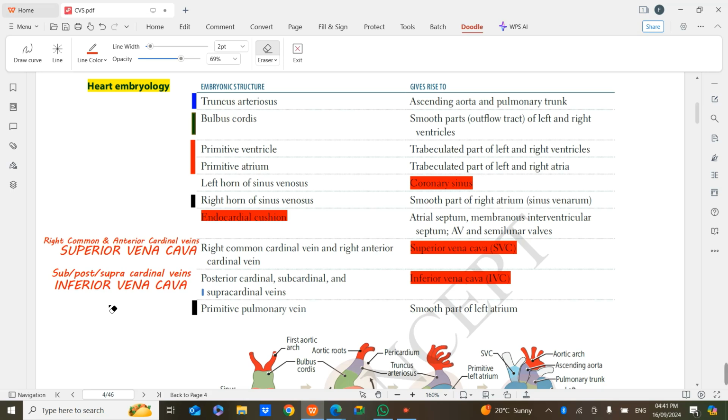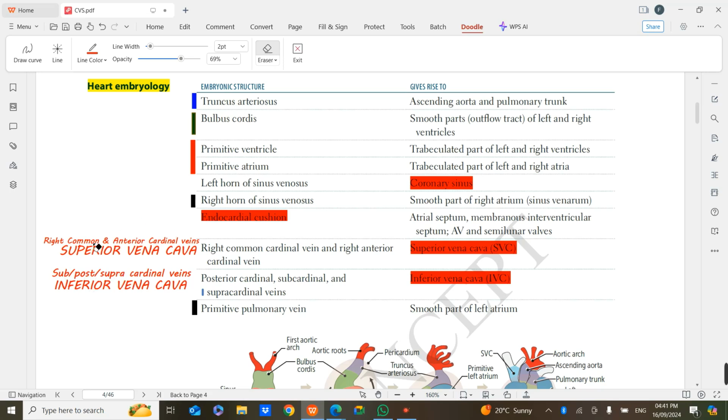Any of them, they will now go and put the order for superior vena cava there. Just don't forget CAC. Amidst the cardinal veins that form the inferior, you don't have CAC in it. So you have the sub, post, and supracardinal veins for the inferior vena cava.